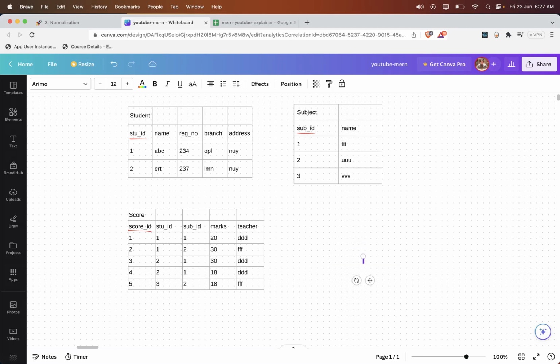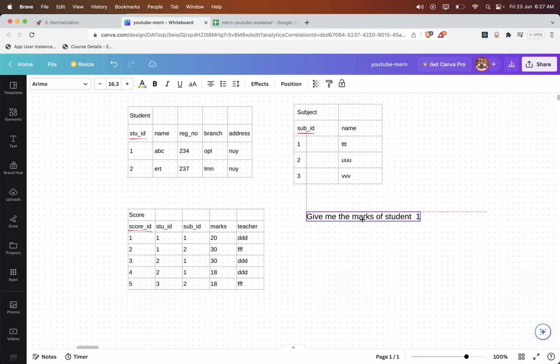Give me the marks of the student whose ID is 10 or ID is 1. Can you give me the marks for the student?